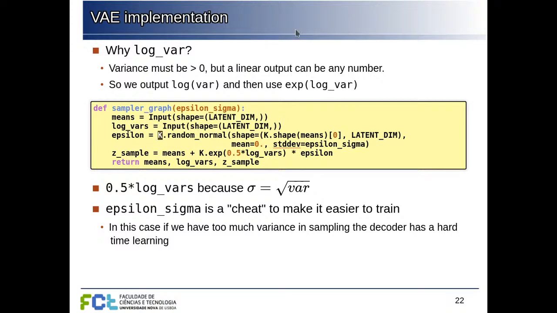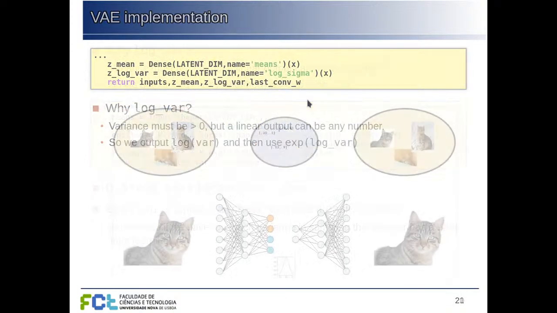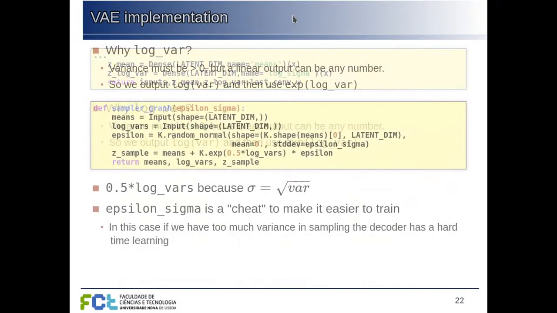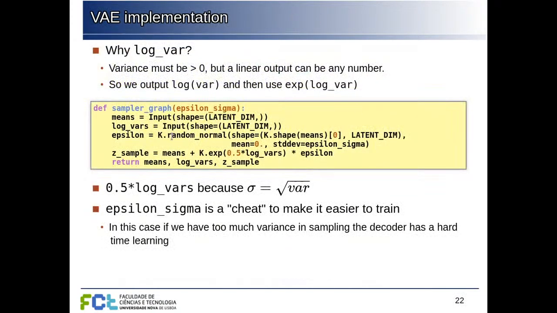By the way, this K here is usually an alias used for the Keras backend, which is another way of accessing some of the basic methods in TensorFlow, although it has the advantage of being independent from the backend that you're using. So if you happen to use Keras with Theano, for example, you would still be able to do this. So we are getting the random sample here, sampling from a normal distribution.